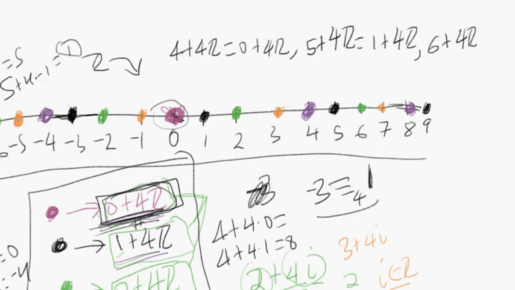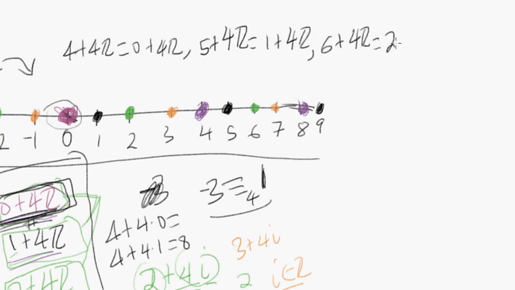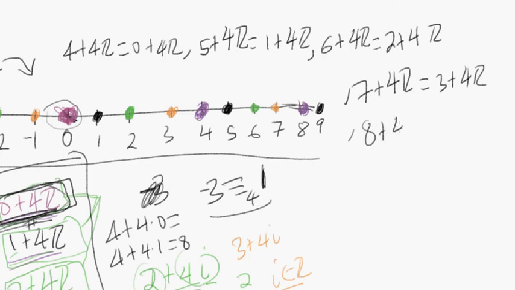Is 6 plus 4z then equal to 2 plus 4z? What about 7 plus 4z? Is 7 plus 4z equal to 3 plus 4z? Right? What about 8? What's 8 plus 4z going to equal? Is that equal to 0 plus 4z? It seems like we're circling around, aren't we? So 4 plus 4z is a set of all.